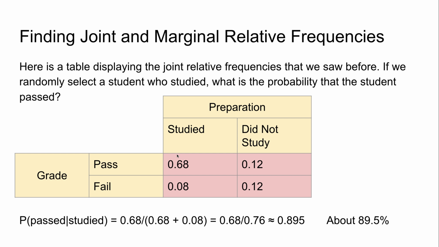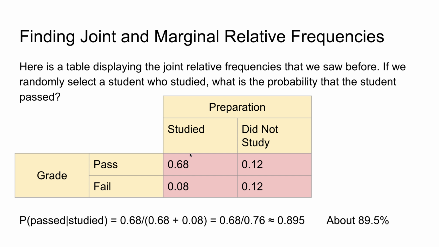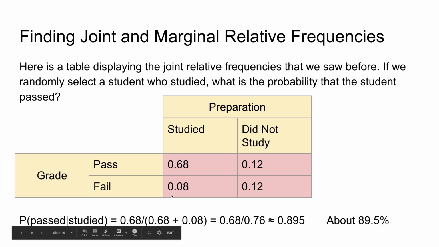So this relative frequency is 0.68. That corresponds to those who passed under the studied category. And then everything under the studied category is these two added together.